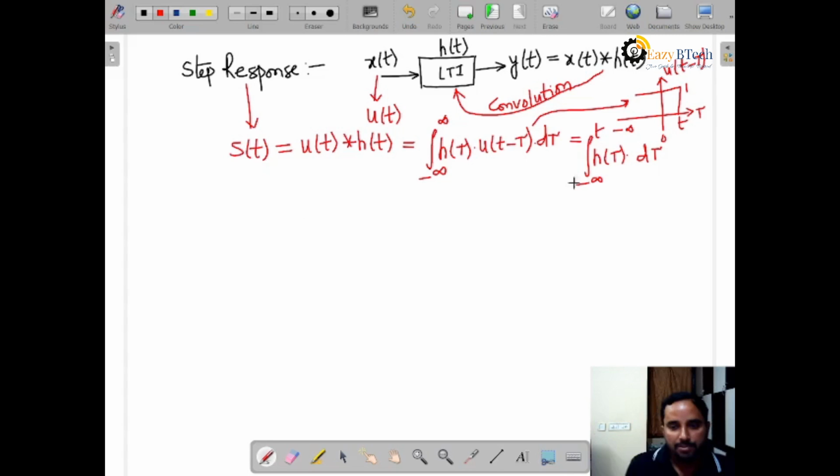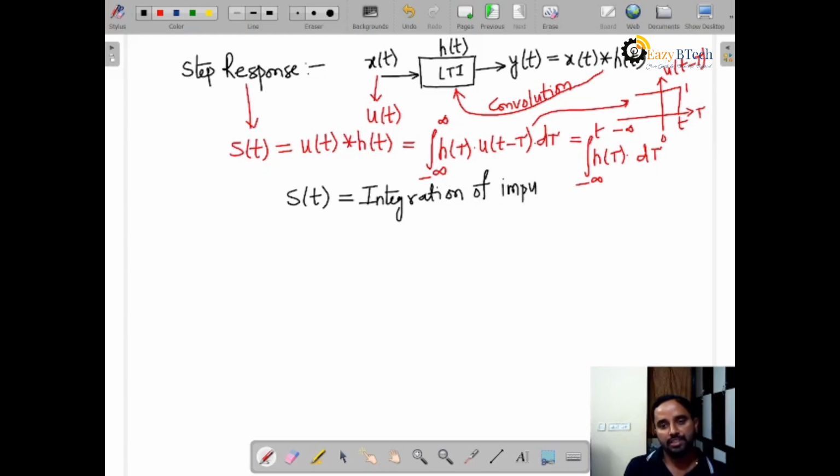So if you observe this relation carefully, what is it saying? Step response is equal to the integration of impulse response, right or not? Please remember this point, all of you.